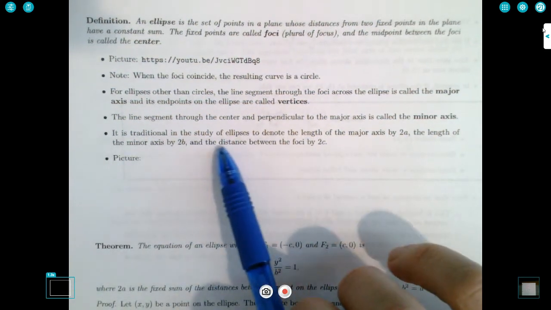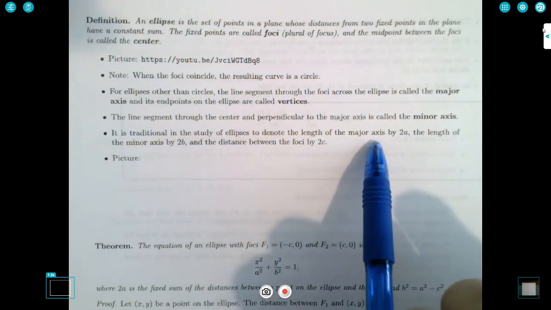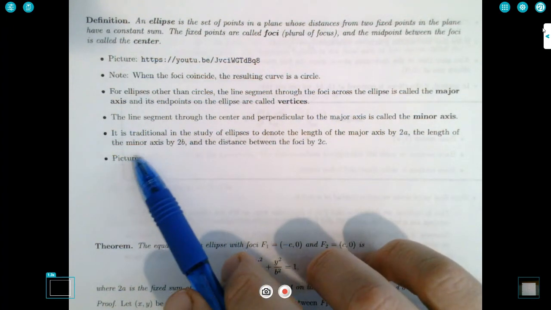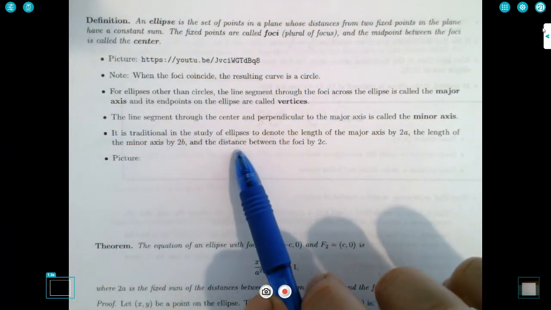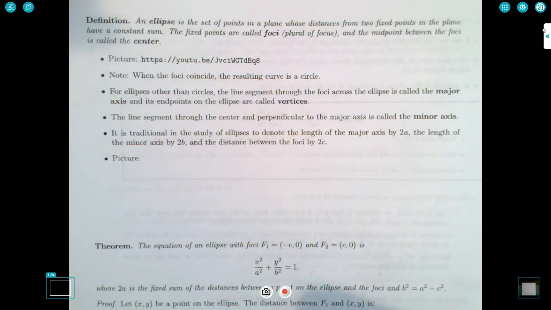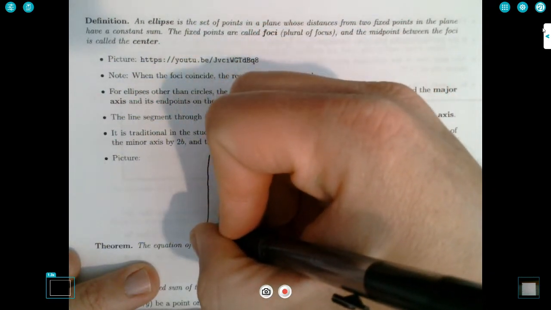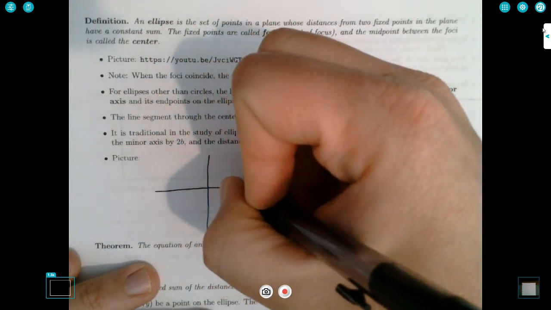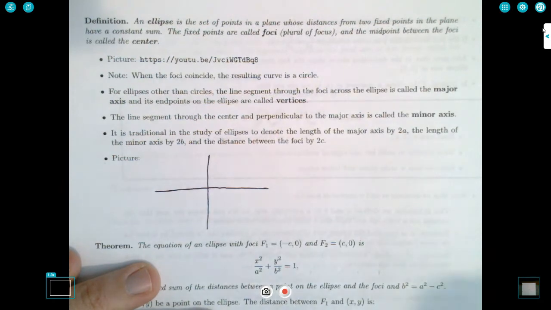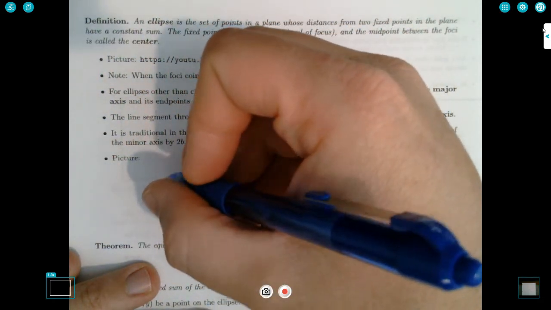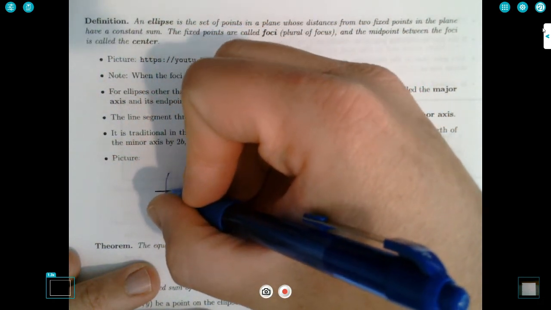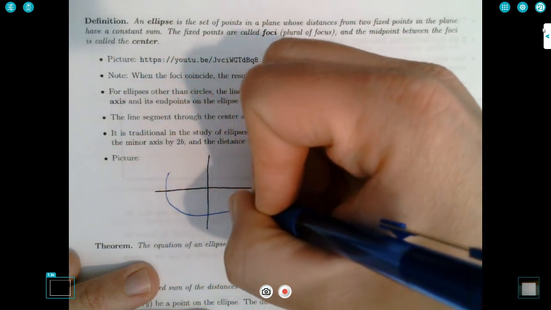It is traditional in the study of ellipses to denote the length of the major axis by 2a, the length of the minor axis by 2b, and the distance between the foci by 2c. So let me draw a picture. Maybe I'll draw both kinds. You could have an ellipse where the major axis is parallel to the x-axis, like this.